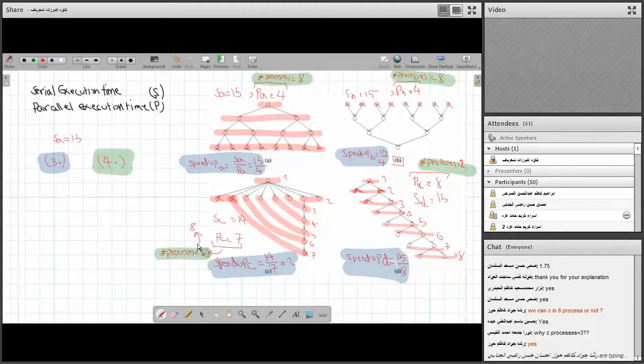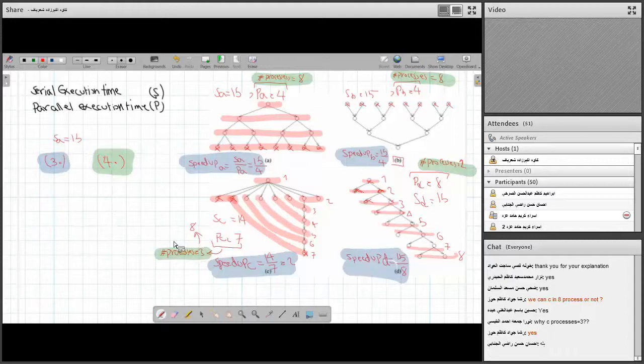Eight is a greater number, a big number. You have wasted 5 processes. Three is the minimum required number of processes.